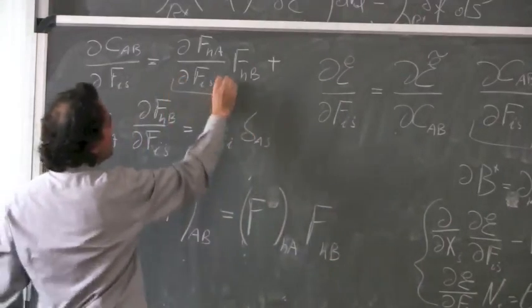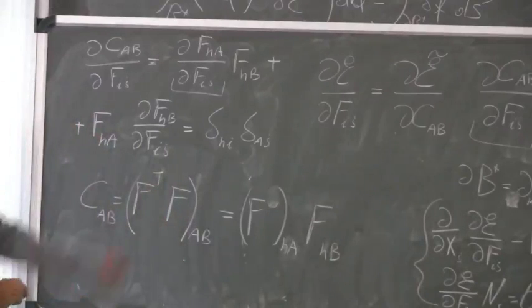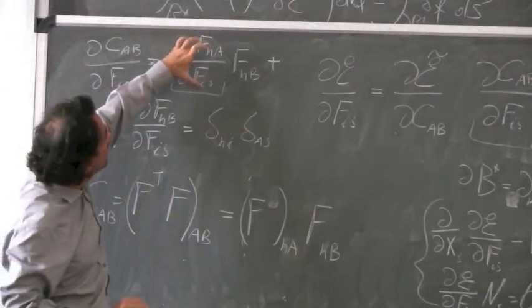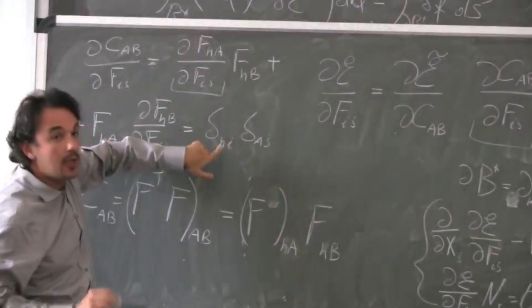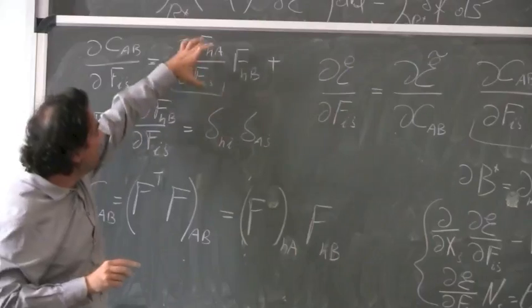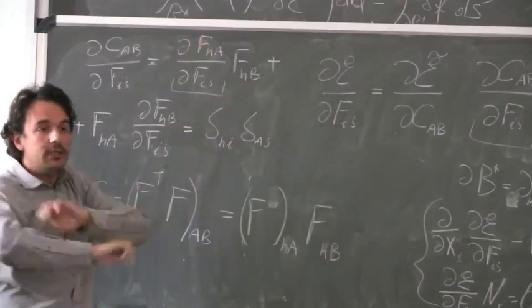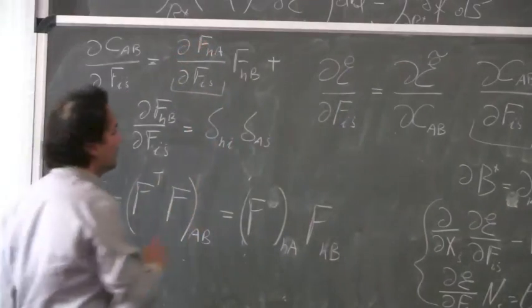And you have evaluated this. When the first index is the same, this is equal to 1. But also, the second index should be the same. In all the other cases, this is 0.